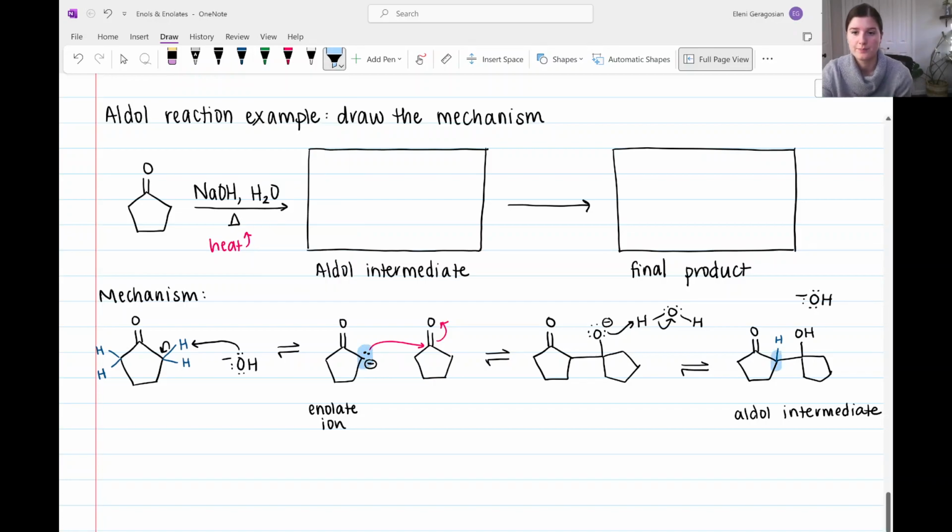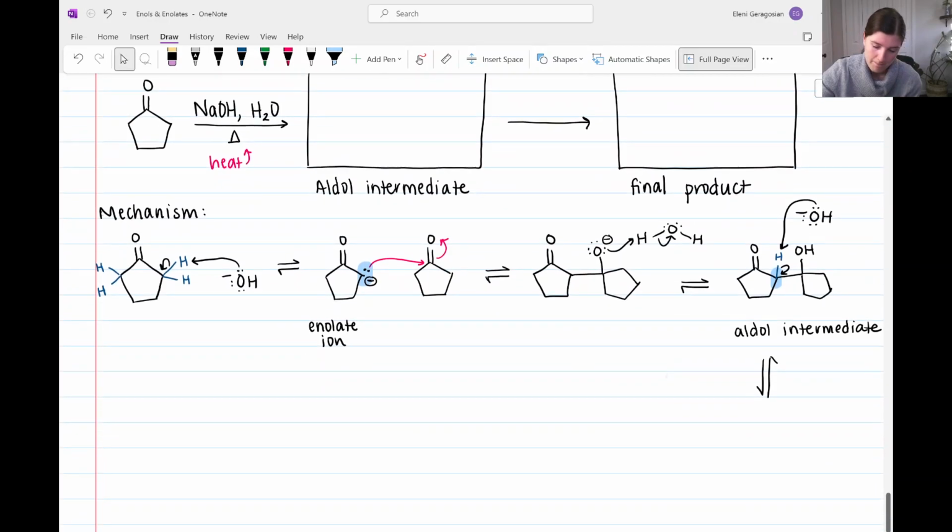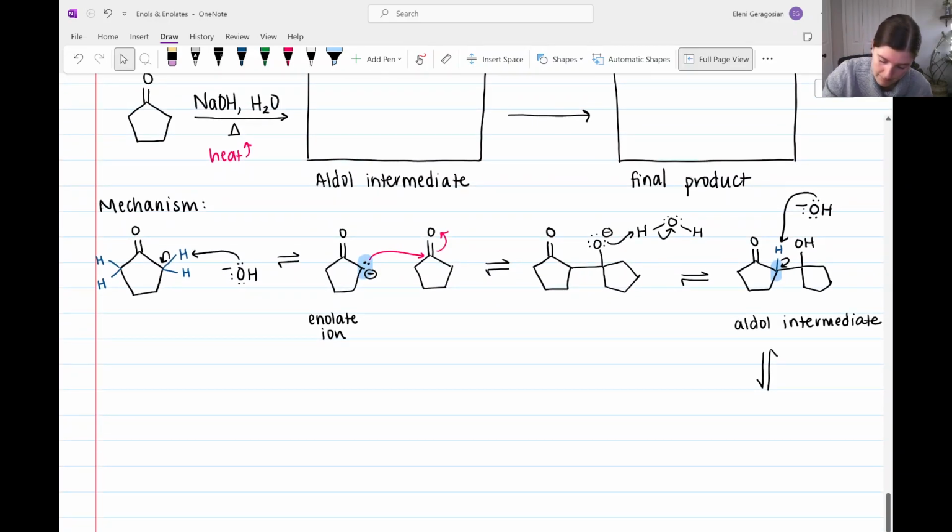We're removing that hydrogen there. So this step, hydroxide takes a hydrogen and electrons go back on to that carbon. So we have all the same structure except no longer have that hydrogen. We have a negative charge on that carbon.